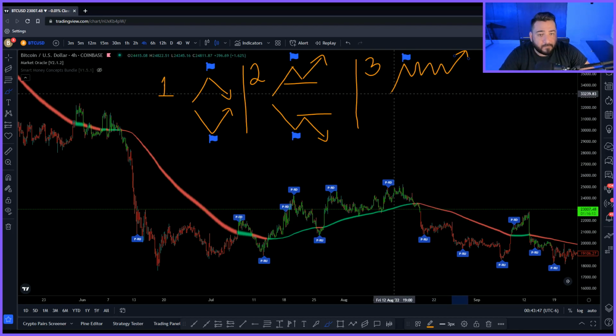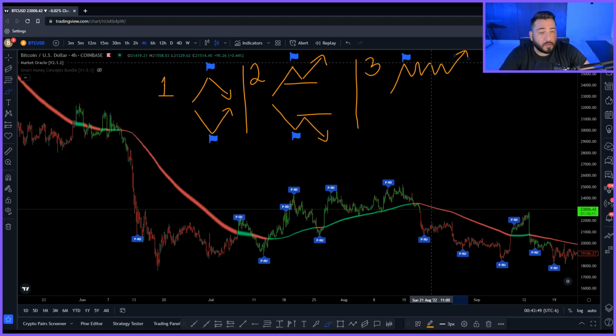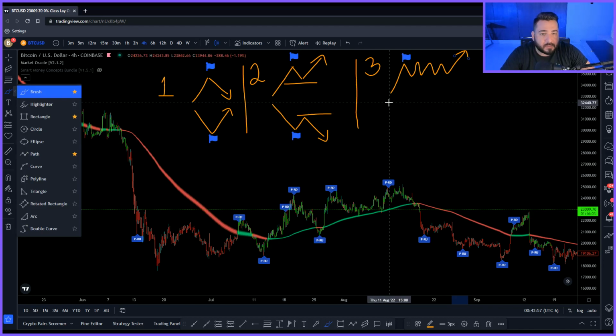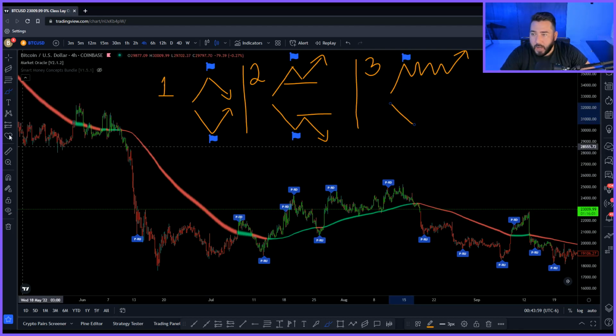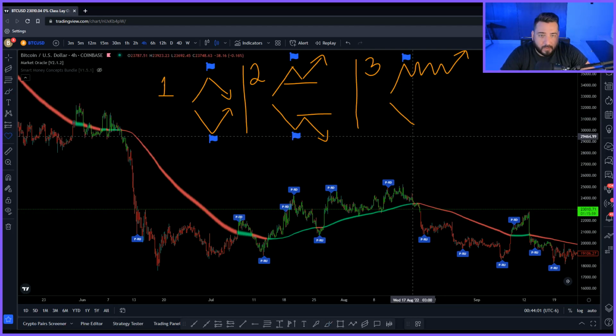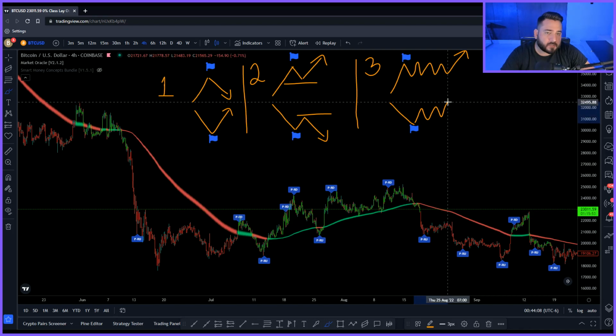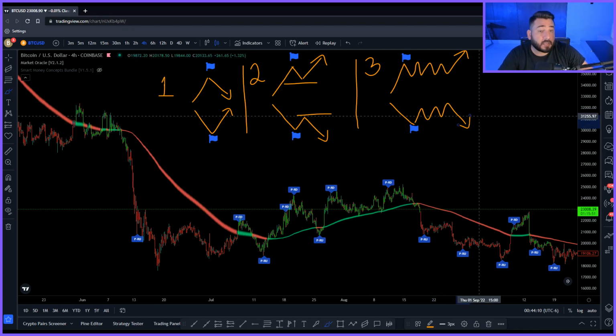In this case, if we were moving up, we might keep moving up. The same thing happens the other way around: going down, having that blue flag at the bottom, and then we see the price ranging, right? So the possibilities are given for the price to keep falling down.